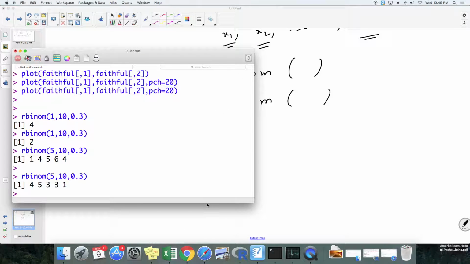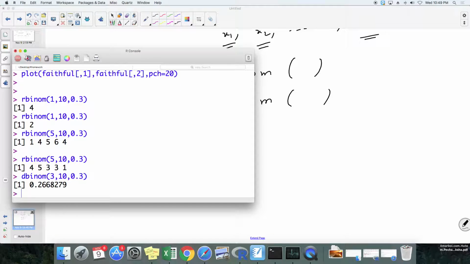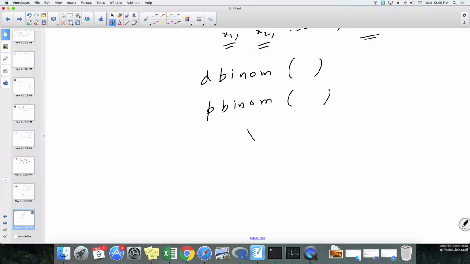What dbinom does is, suppose dbinom(3, 10, 0.3). What this means is X follows Binomial(10, 0.3).